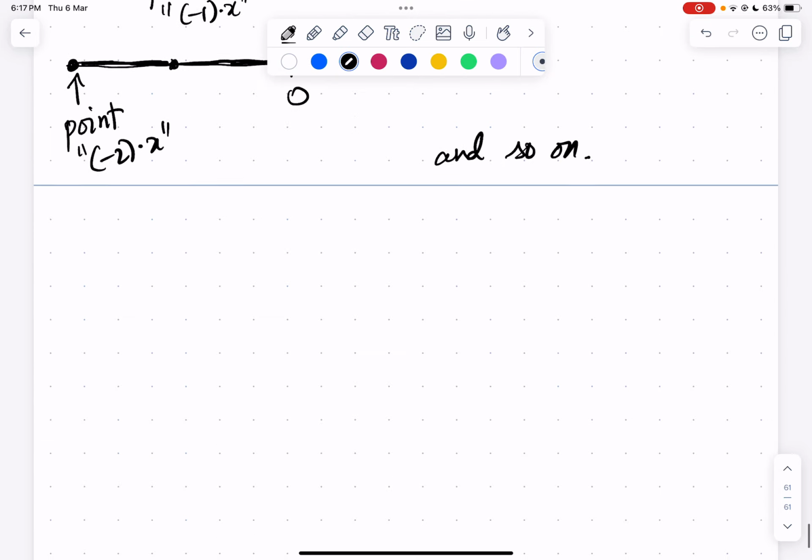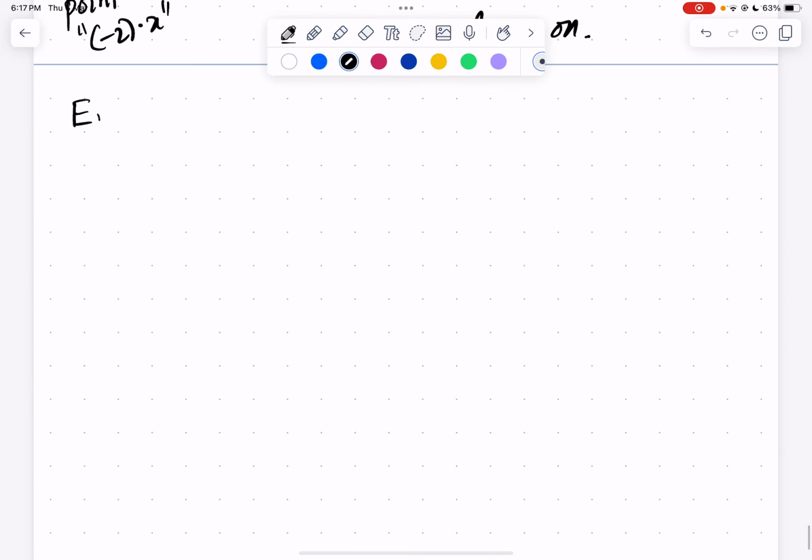So another example where the point is to the left of 0. So say this is the point x.